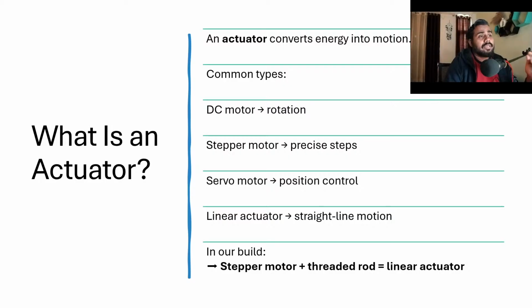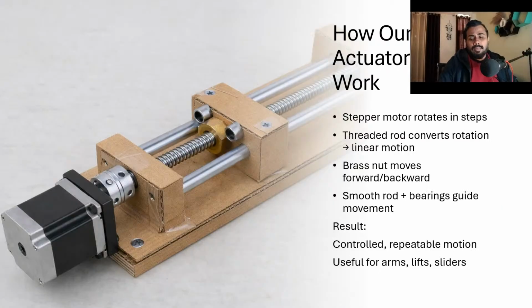Then we have stepper motor plus threaded rod equals linear actuator. We also have these supporting rods, these smooth ones. They provide the structure, like we can see here, to the actuator. These motors are very powerful, can lift up to 5 kilograms of weight.